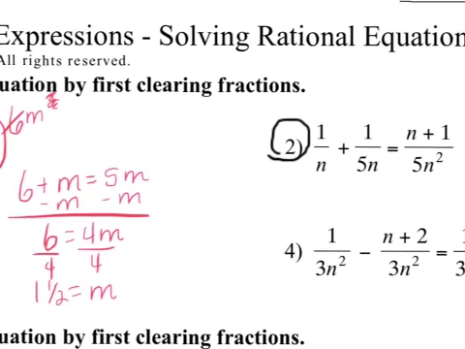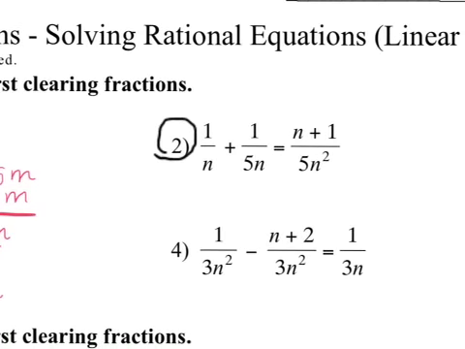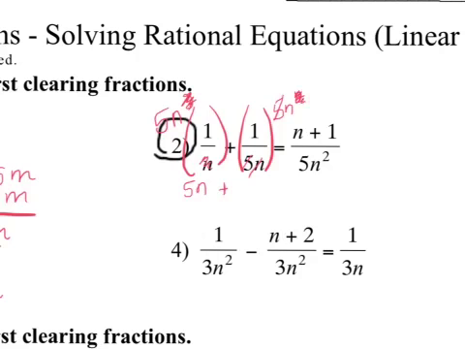If I slide over to the second one, my common denominator is going to be 5n squared. So if I multiply this by 5n squared, one of the n's will cancel out, and 5n times 1 gives me 5n. When I multiply the second one by 5n squared, the 5's cancel out, and one of the n's cancels out, so 1 times n gives me n.